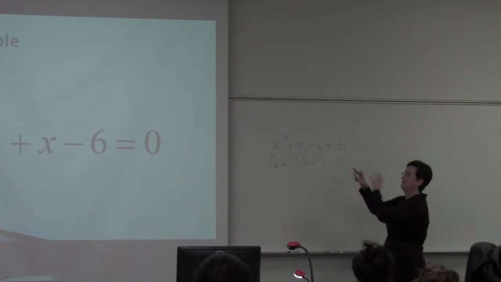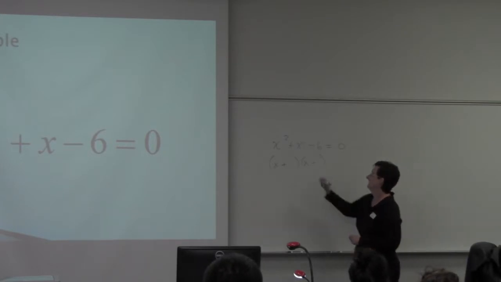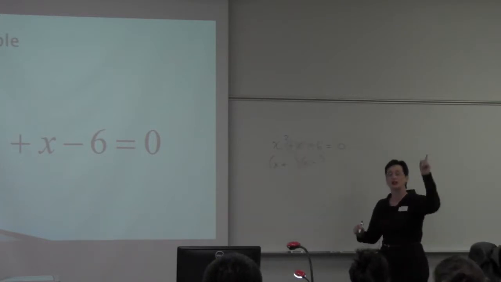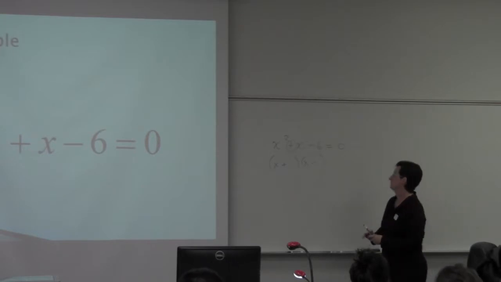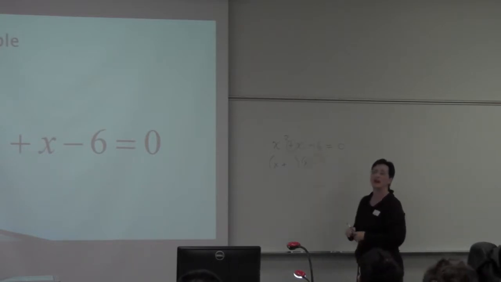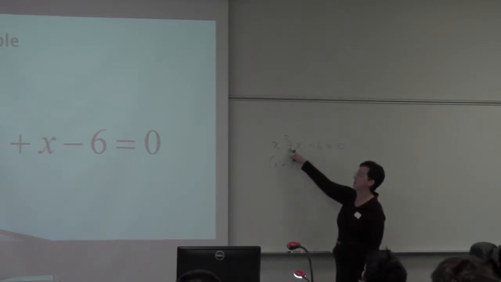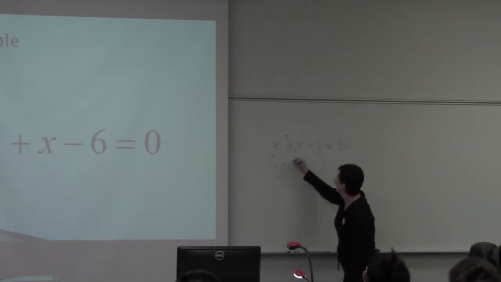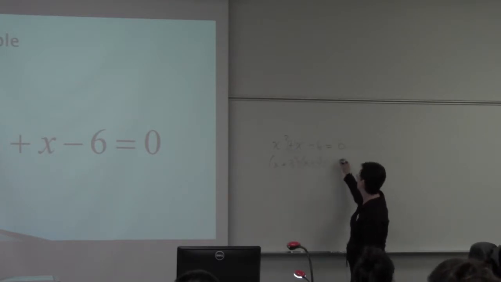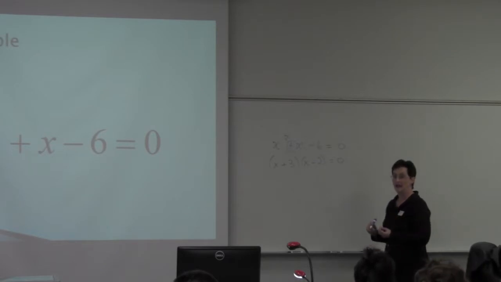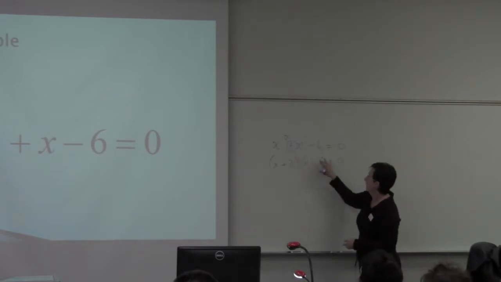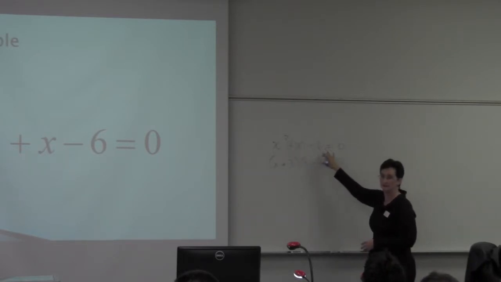Now can I just throw them in there any way I want? You subtract and take the sign of the larger number. All right, so that means I have 2 and 3, but I need the 3 to be positive. All right, so on the factoring, right now we have factored this right here.